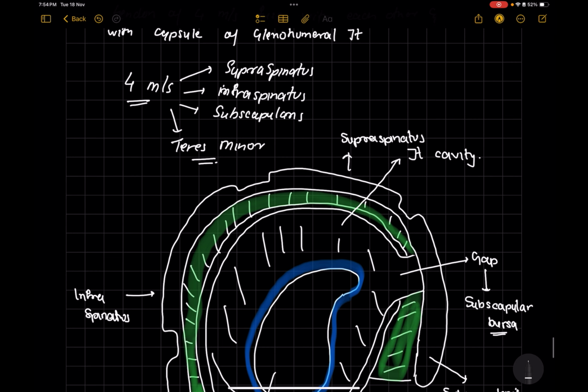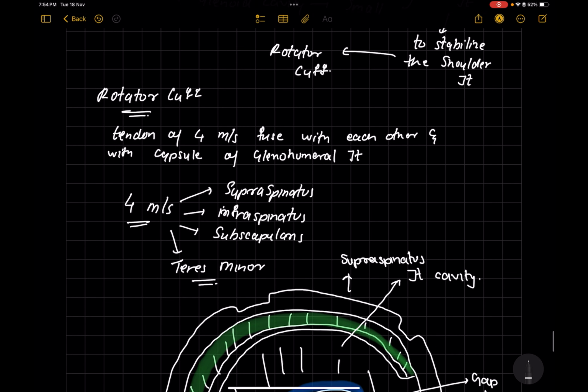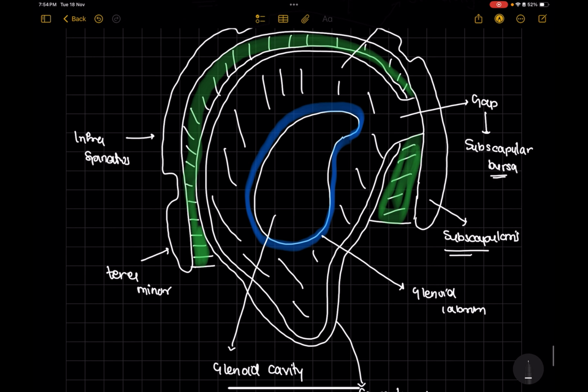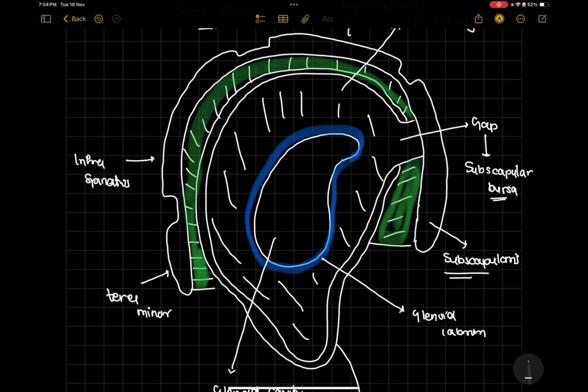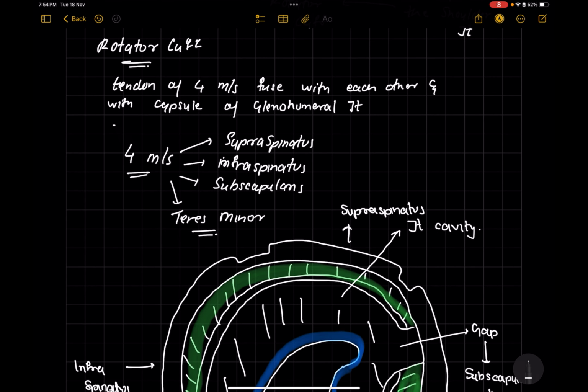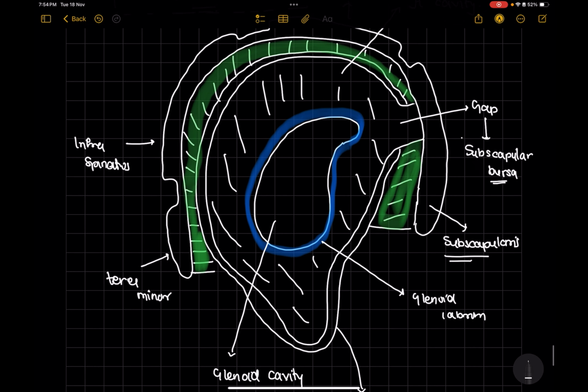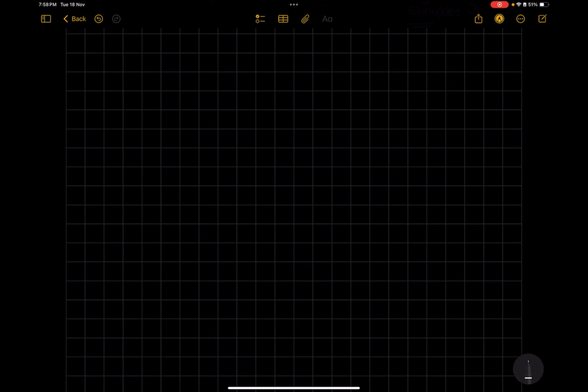If you cannot reproduce this particular diagram, then at least do this. This is the most important thing till now. And remember this too: why is there a gap in the joint cavity of the shoulder joint? So as to accommodate the subscapular bursa.